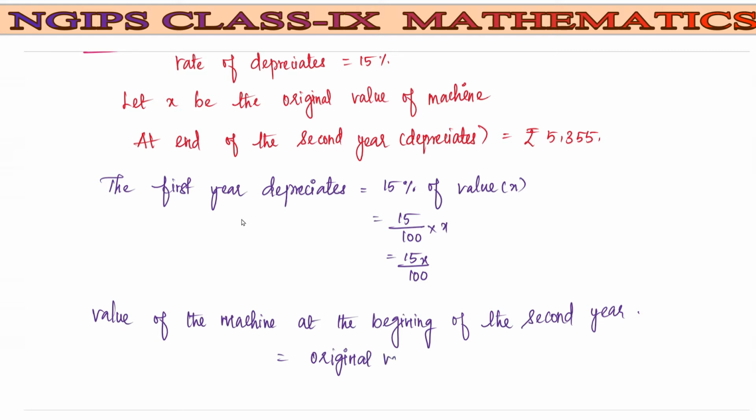Original value minus first year depreciation. The original value we have taken is x, right? And I am going to write here x minus the first year depreciation, which is 15x by 100.